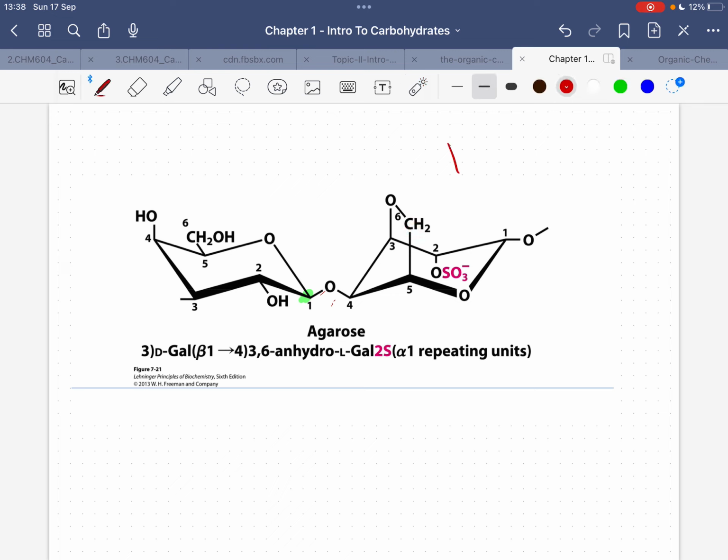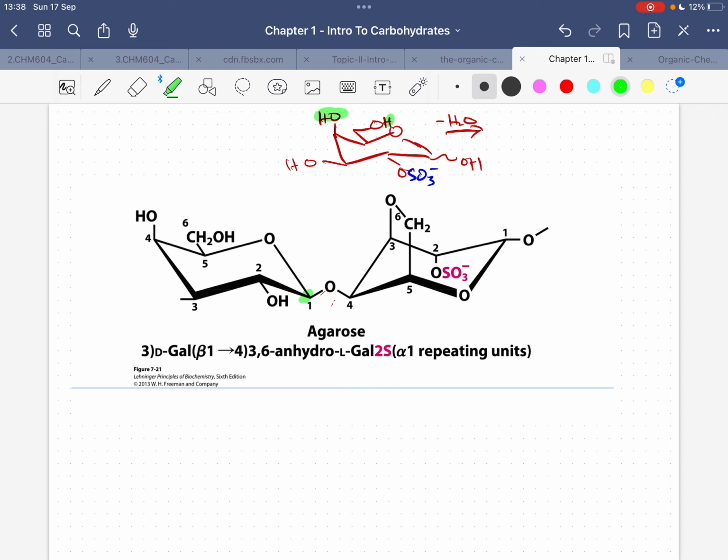Like suppose this is OH. Let's just say this is the S part. This is a sulfite. Okay. So upon dehydration, minus water, you remove the water between H and OH here.